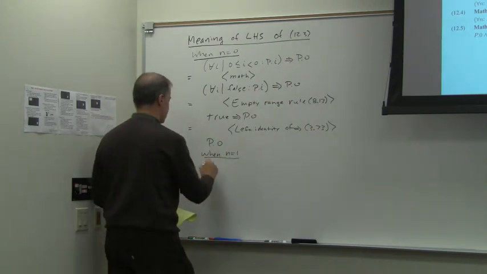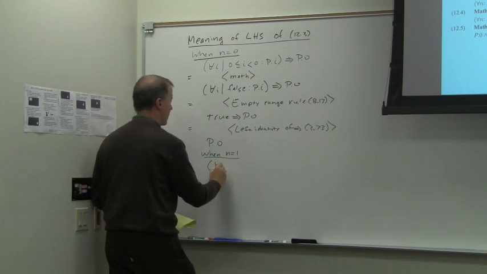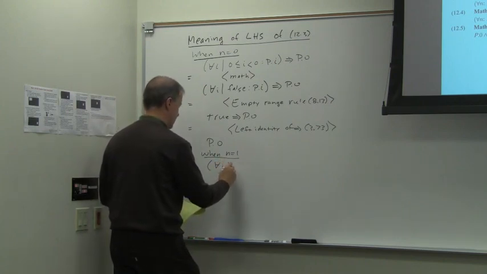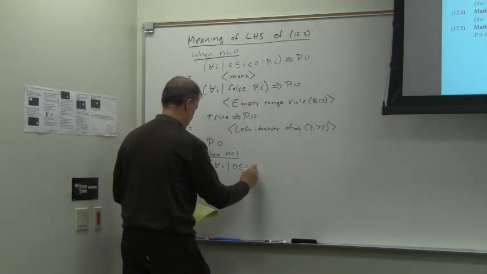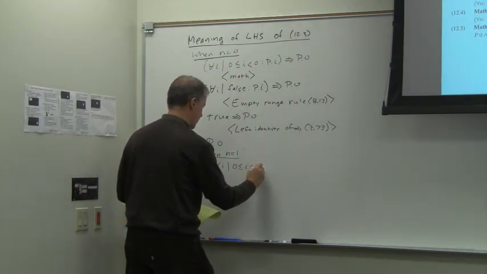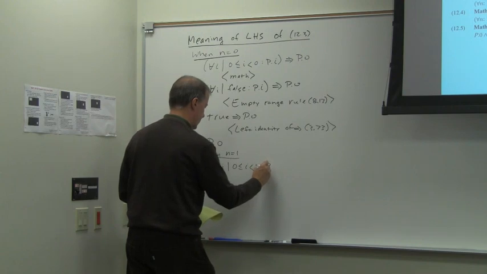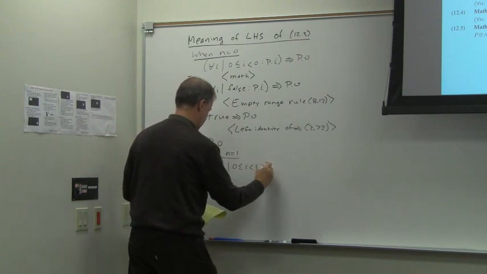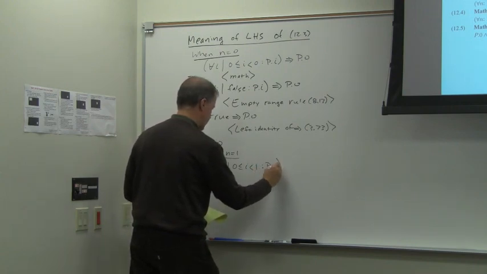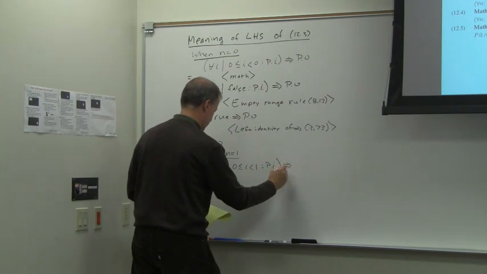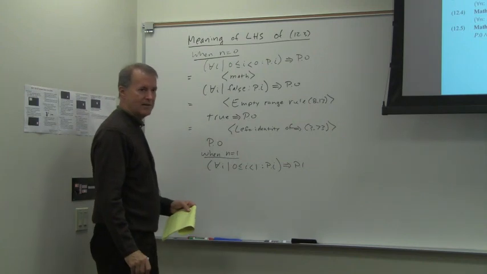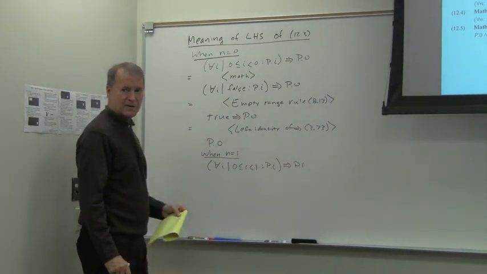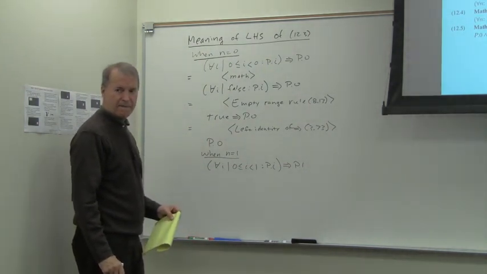It's for all I, range 0 less than or equal to I, less than 1, body P.I, and what does that imply? P.1. Now, does everybody see that?